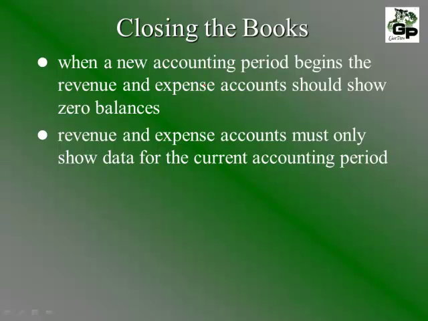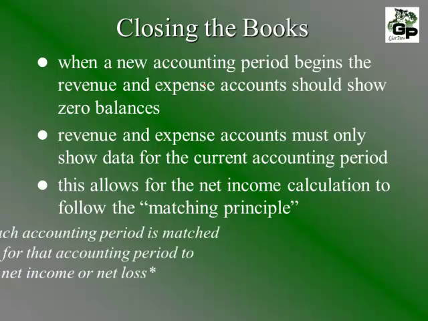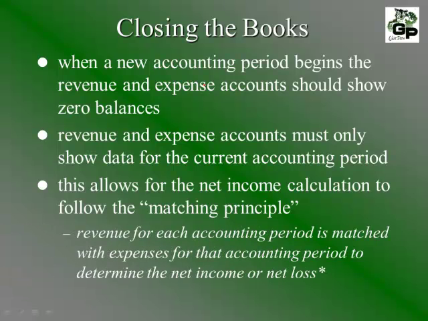Revenue and expense accounts must only show data for the current accounting period. This allows for the net income calculation to follow the matching principle. The matching principle says revenue for each accounting period is matched with expenses for that accounting period to determine the net income or net loss.